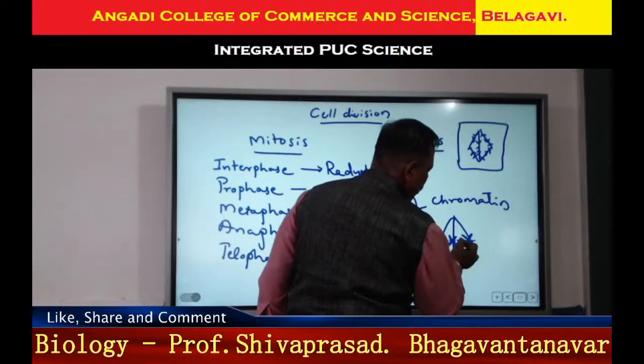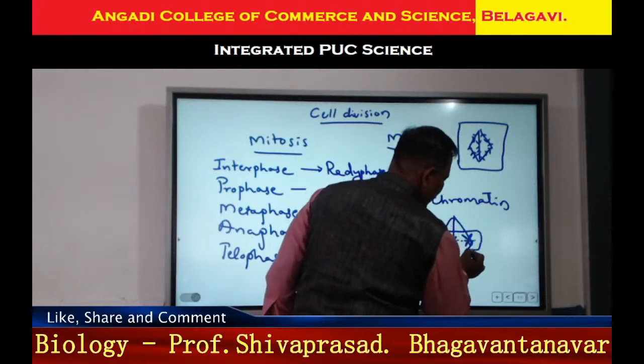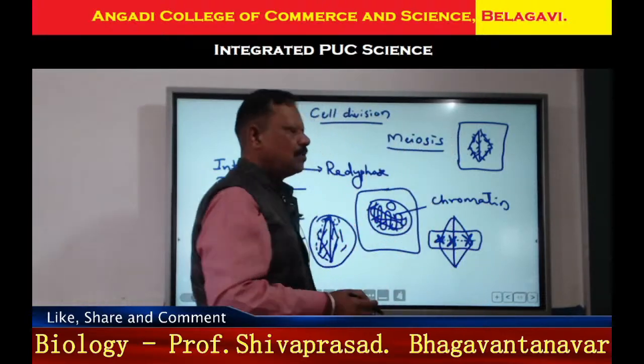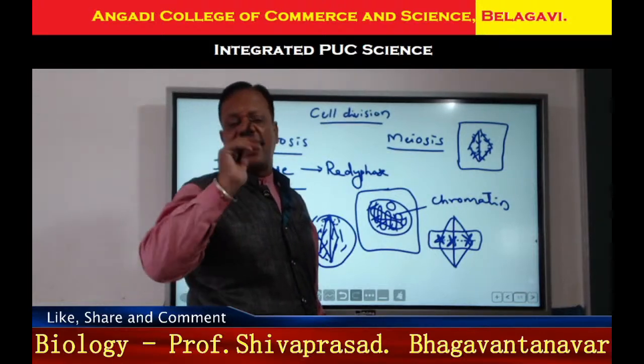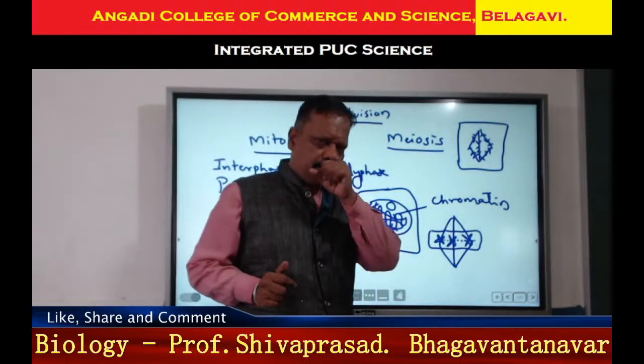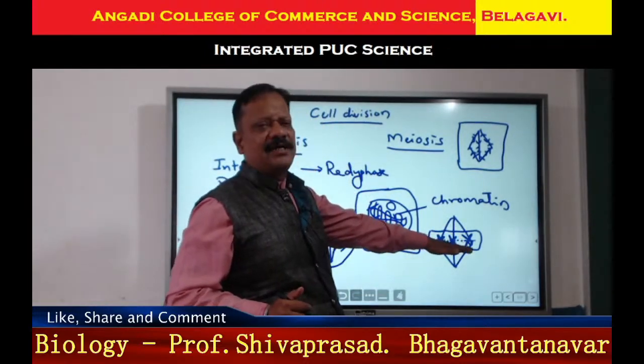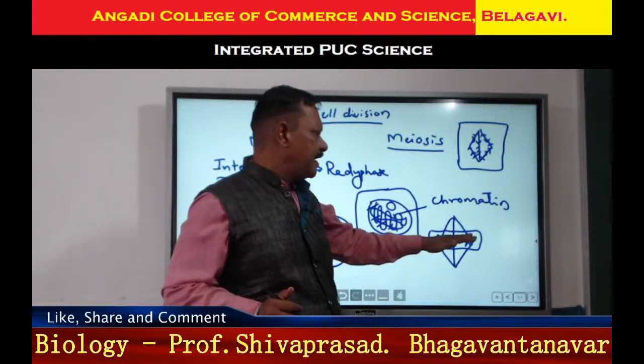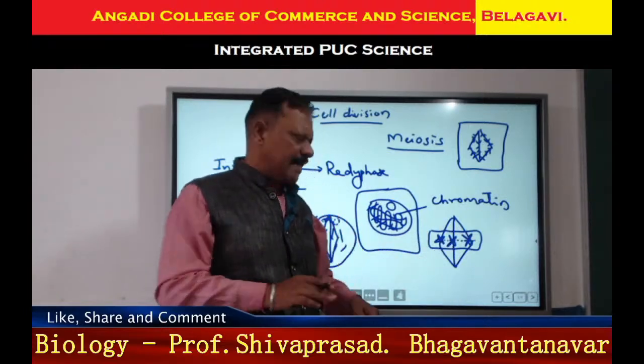So, in this way, all chromosomes are organized in the plate form. What we are calling it as a metaphase. And then metaphase breaks. 50% of the chromosomes move towards the upper side and 50% they are coming downward side.